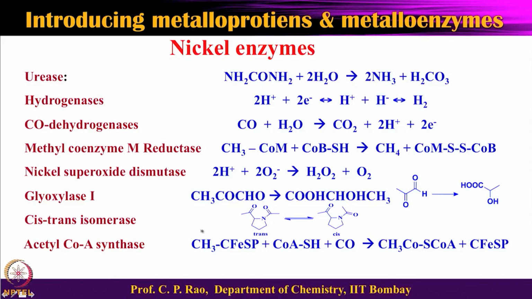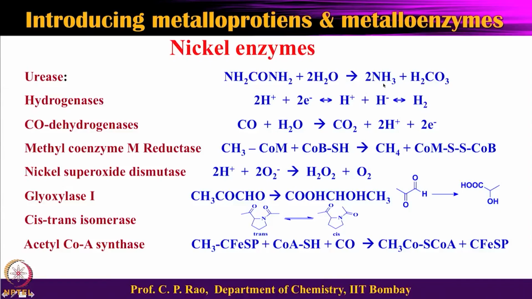Okay, so look at these reactions. I just wanted to draw your attention to one aspect in each of these reactions. If you look very carefully, you would see some kind of a gaseous molecule either produced or utilized in each reaction.